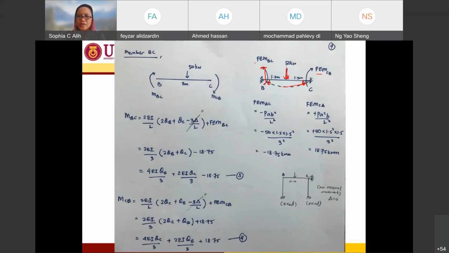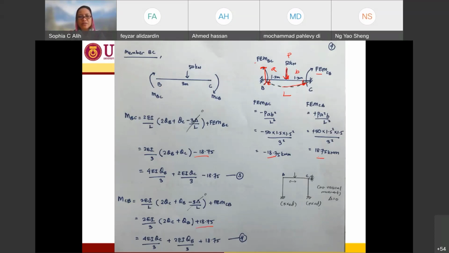So P is this P, and this is A, and this is B, and this is total length is L. So I just need to put all in this equation, and I have my FEMBC to be negative 18.75 kilonewton meter, and FEMCB positive 18.75 kilonewton meter. I use this value into this equation. Okay, so this equation over here, and this one is over here.